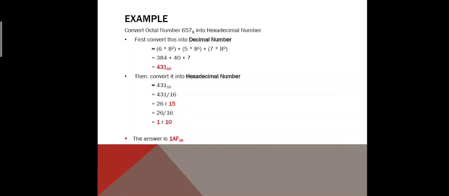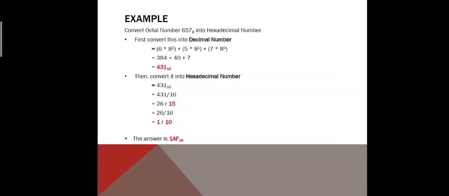431 base 10. So, pagkatapos natin i-convert yung octal number into decimal number, i-convert na natin siya para makuha natin sa hexadecimal number. So, 431 base 10 equals 431 divide 16 equals 26 remainder 15, and 26 divide 16 equals 1 remainder 10.